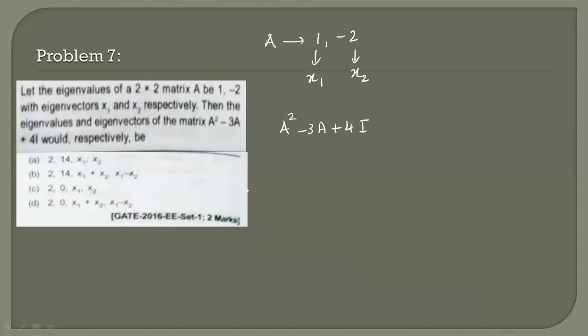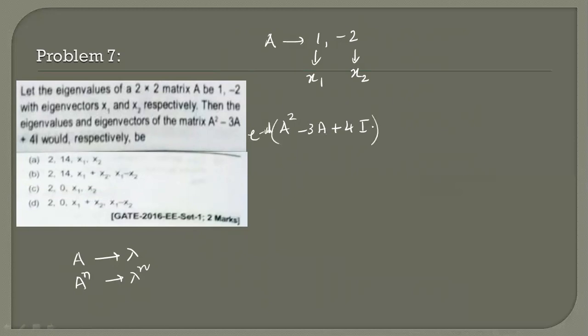I told you, if A has eigenvalue lambda, then A to the power n has eigenvalue lambda to the power n. And you can apply any operation on this matrix only. If here there is another matrix, suppose B matrix, then you cannot apply this result here.